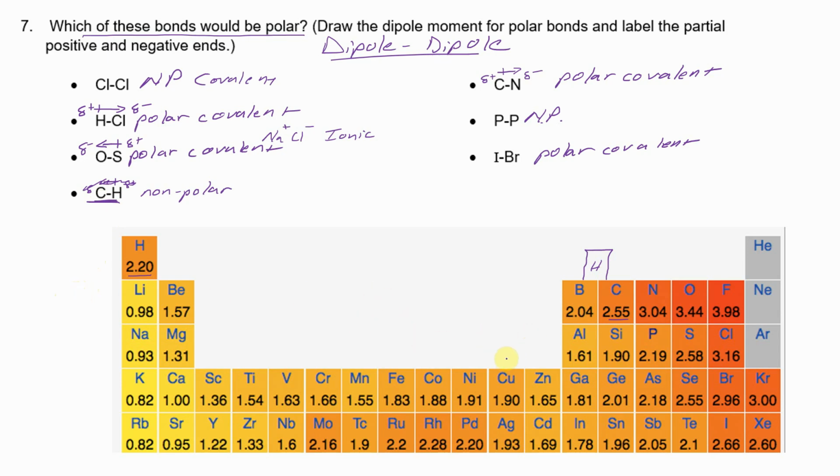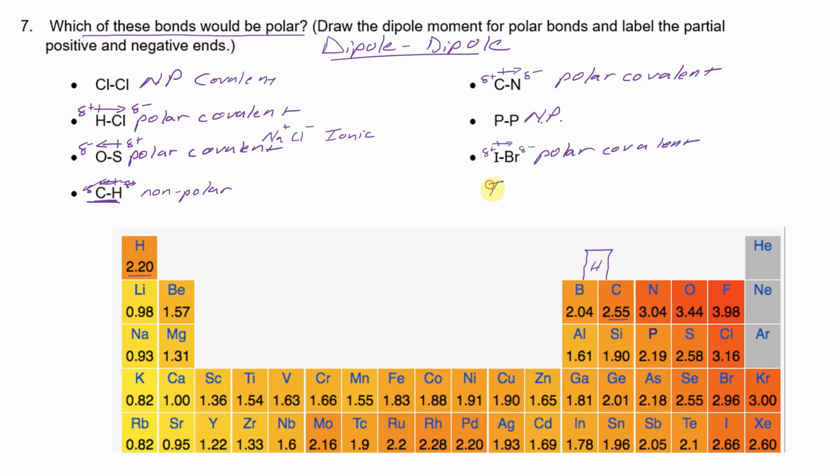Now, if you don't have an electronegativity chart, and a lot of times we're going based on trend, remember the more to the right and the more up you go, the more electronegative the atom would be. And if we were going to pick two, like say for instance, IBr, look at these two. These two are so close in electronegativity that even though I think bromine is more electronegative, it's not much more electronegative. So the iodine is going to be a little bit positive and a little bit negative.